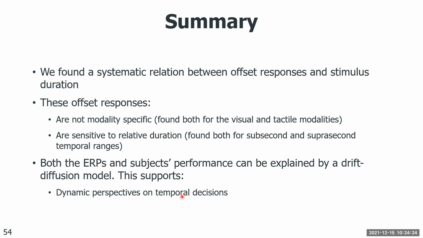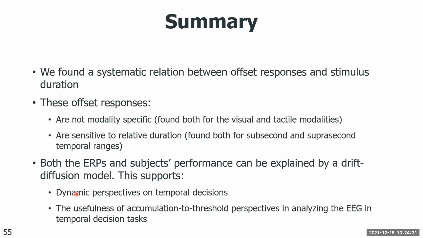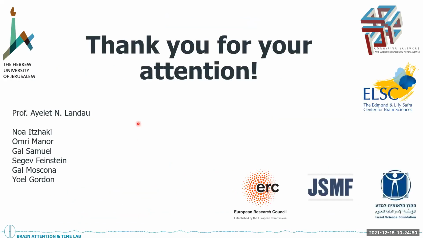Rather than just at the offset of the stimulus, subjects can make the responses during the stimulus, which seems critical. Second, it shows the usefulness of accumulation to threshold theoretical perspectives in analyzing the EEG in temporal decision tasks. And we hope that we can use this now to continue and test other questions about timing and time perception using this handle.